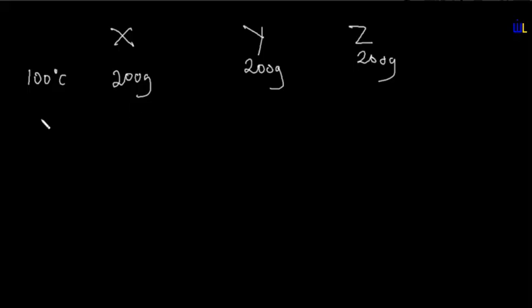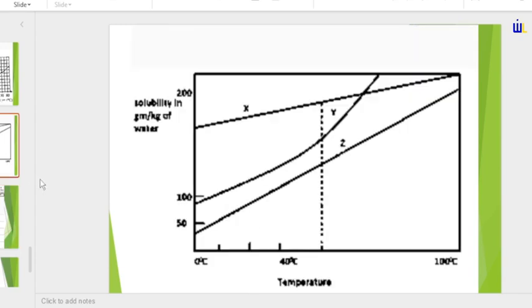They said when we now cool it to 0 degrees, let's see what will happen. If you cool it to 0 degrees, Z will now be what value? See where Z is at 0 degrees. Z is below 50. What are we going to call this?